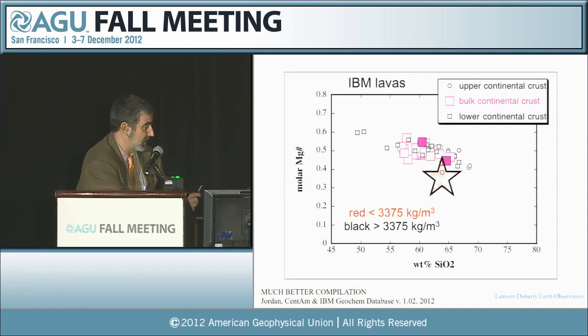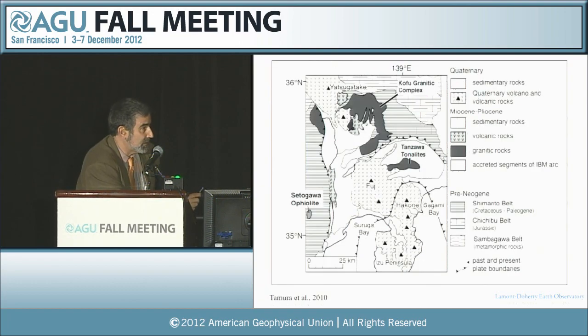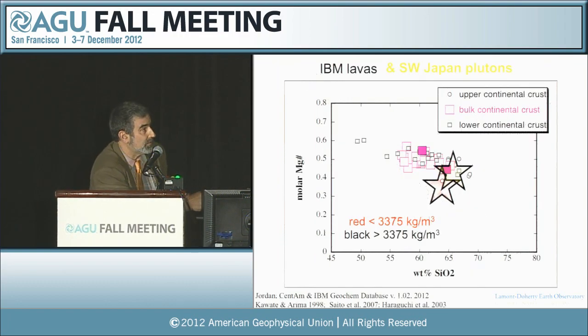And then, I haven't got a nice slide yet, but there are these plutons, as many of you know, where the Izu-Bonin-Mariana arc collides with southwest Japan. There's the Kofu granitic complex and the Tanzawa tonalites. There's actually a seamount out here that has felsic plutonic rocks as well. So we can compile those data and get some notion of what the mid-crust in the Izu-Bonin-Marianas arc might look like, and that average composition sits right there.